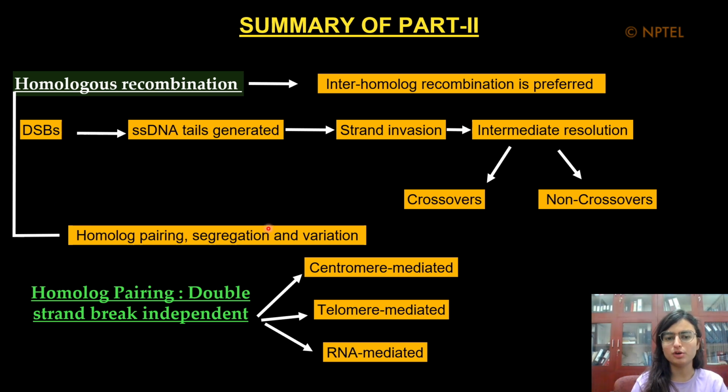It is essential for proper chromosome segregation and absolutely essential for genetic variation. Next, we studied that homolog pairing is not just double-strand break dependent, it is also independent of the DNA double-strand breaks, and it can be mediated by centromeres, by telomeres, and also by small RNAs.